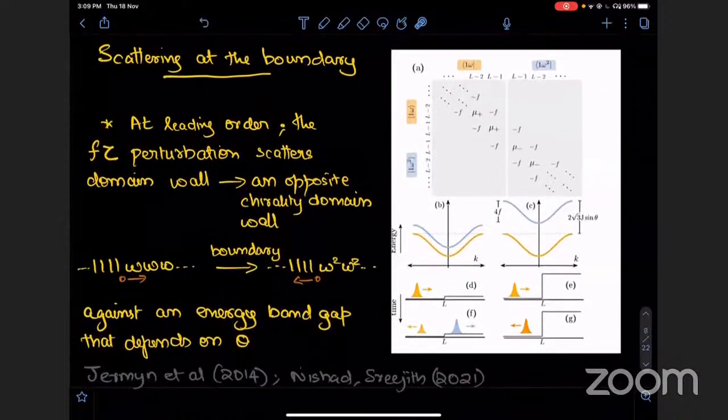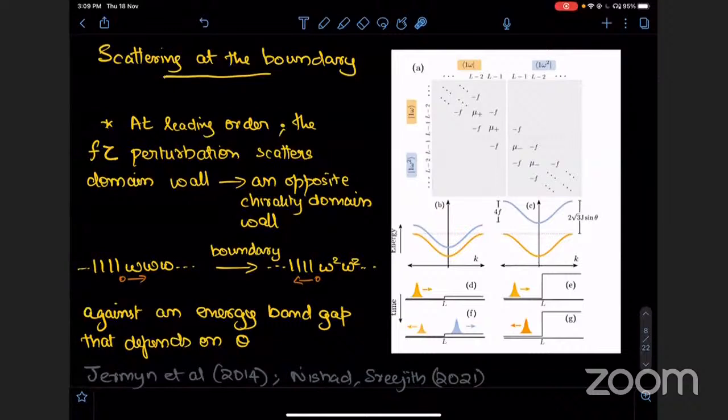Now, given this effective model, we'll look at the properties of scattering of these domain walls at the boundary. Again, within leading order in the transverse field term, we can see what happens to these domain walls at the boundary.